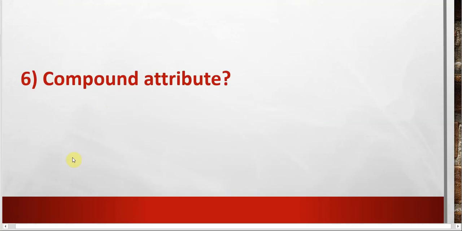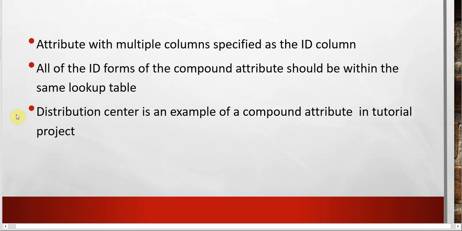What is a compound attribute? It is an attribute with multiple columns specified as the column ID. All of the ID forms of the compound attribute should be from within the same lookup table. The Distribution Center in the tutorial project of MSTR is an example of a compound attribute.